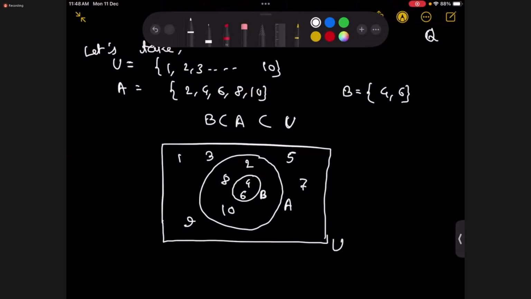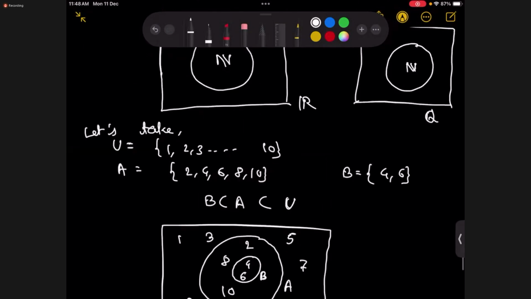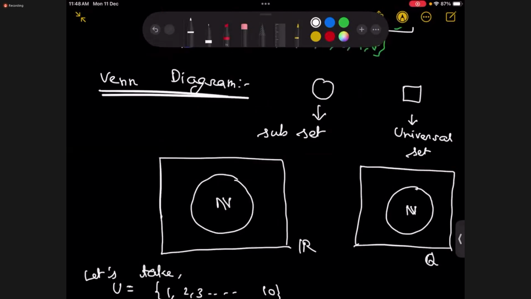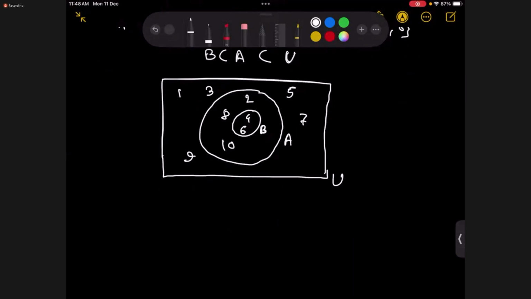By this process, we can draw the Venn diagram of a given universal set and given subsets. So what is the use of the Venn diagram? The Venn diagram usually helps us. Okay, let us write this down.